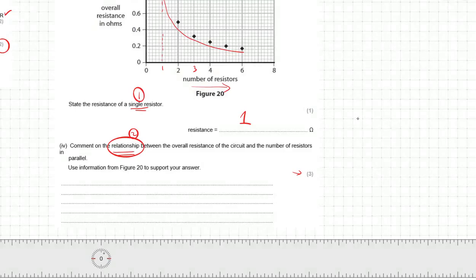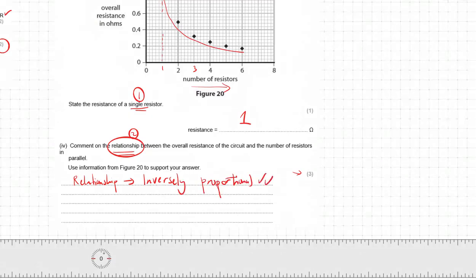We've done this loads of times. So the relationship: they are inversely proportional. Here you go. This will give you 2 marks, 2 ticks there.